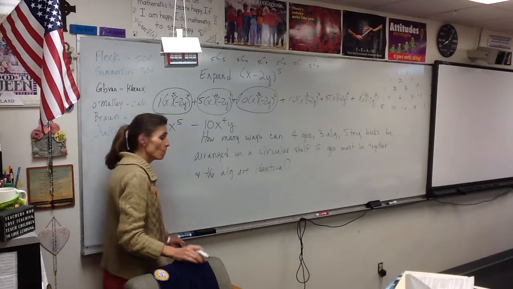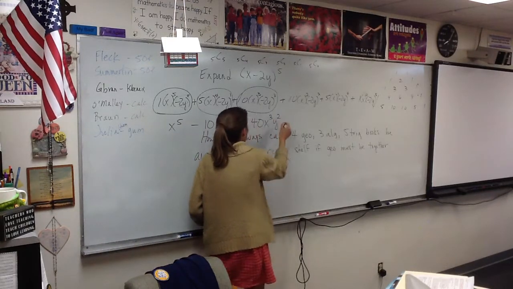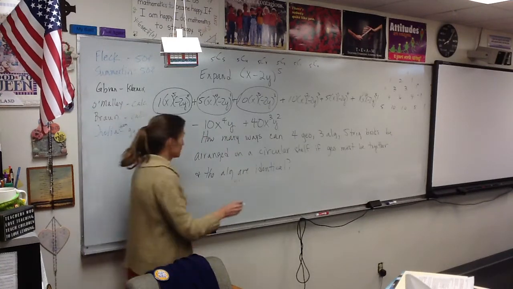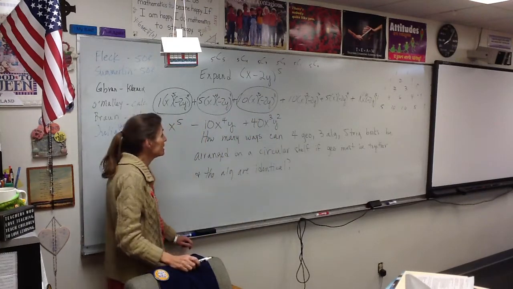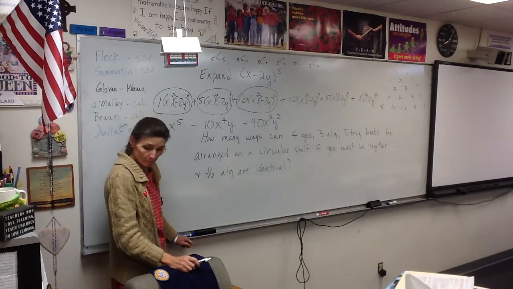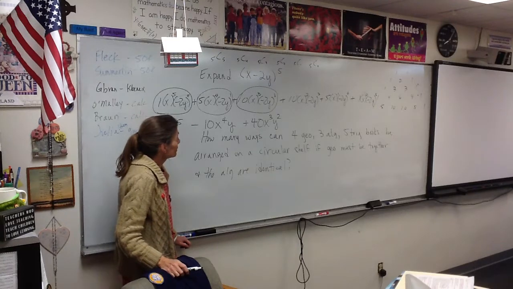Positive 40 x cubed y squared. Why is it positive 40? Because negative 2 squared is 4, times 10. 40 x to the third y squared. What's next?